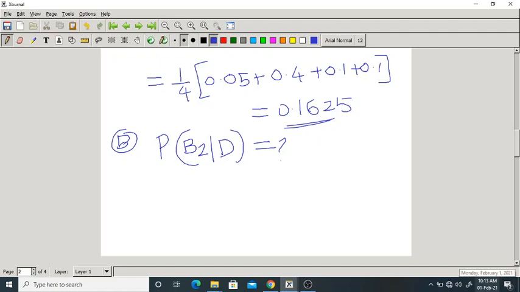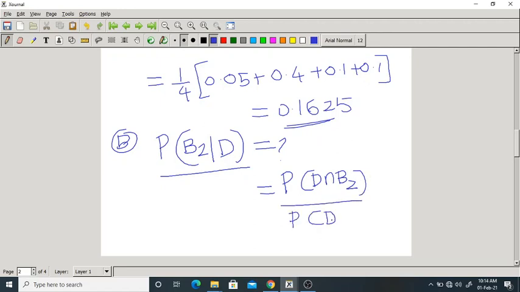Now how do we find this? This is by using which theorem? Bayes theorem. So apply the conditional probability property: probability of D intersection B2 by probability of D. Correct?